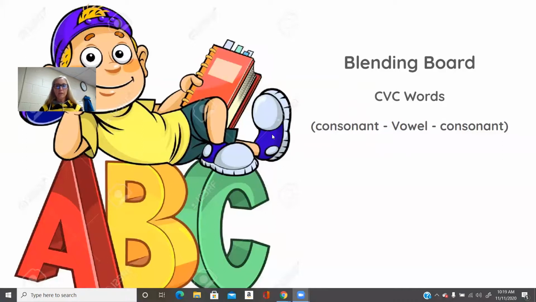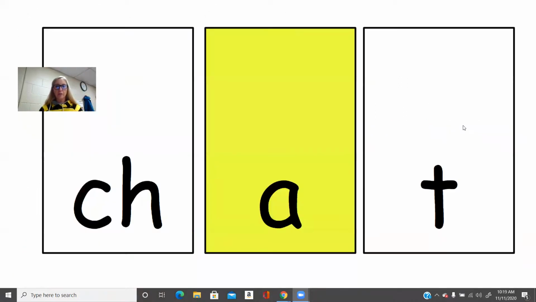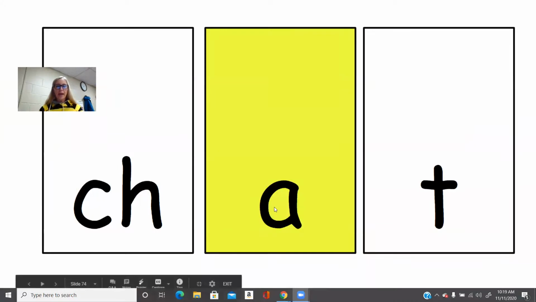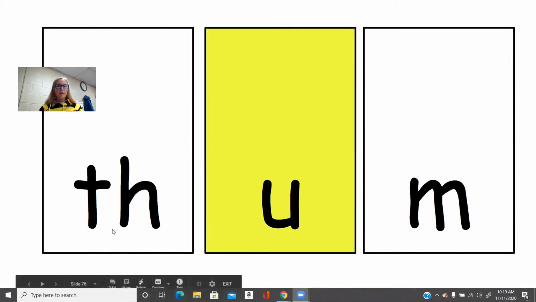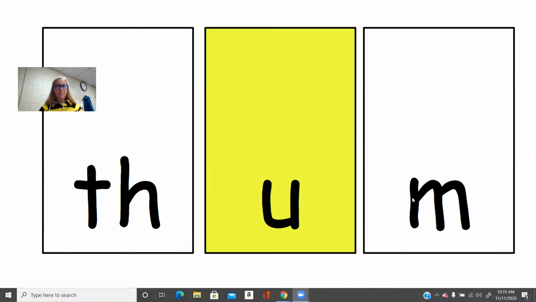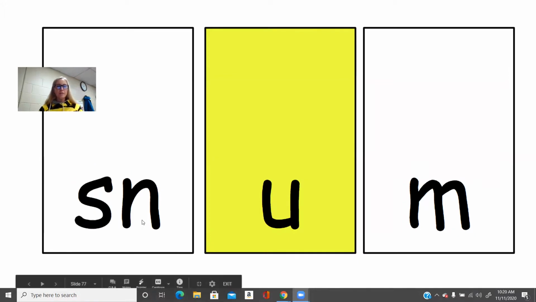Remember, right now on our blending board, because we have a vowel, then a consonant, all of our syllables are closed syllables. They all have the short vowel sound. Here we go. Ch, at, chat. Z, at, that. Thumb. Sn, snum.